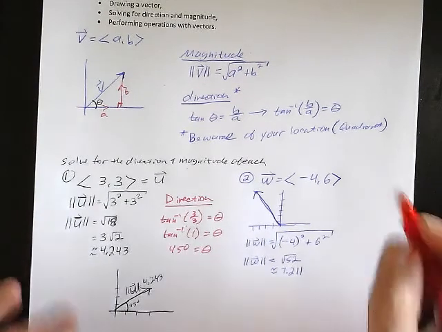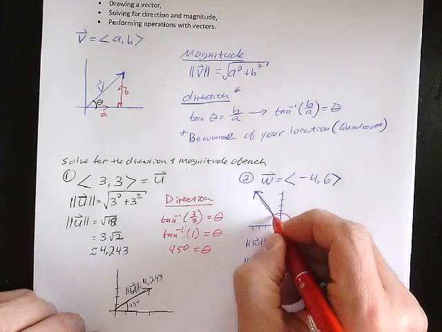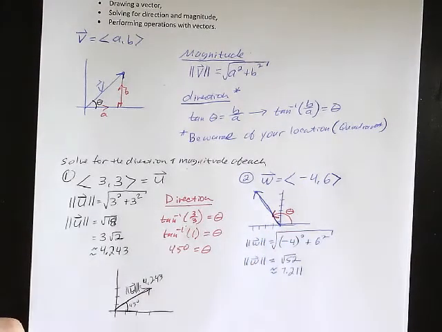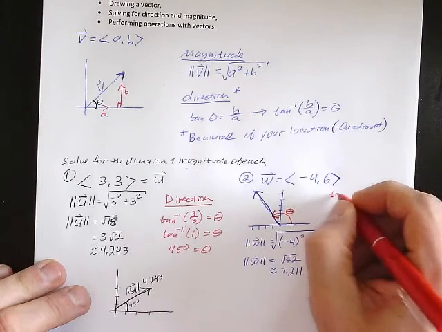The direction of w, though, is going to take a different turn. Get it? Turn, direction, never mind. We need to find the angle from here to here, because this is how we measure our angles in standard form. We always start at the positive x-axis and go counterclockwise.